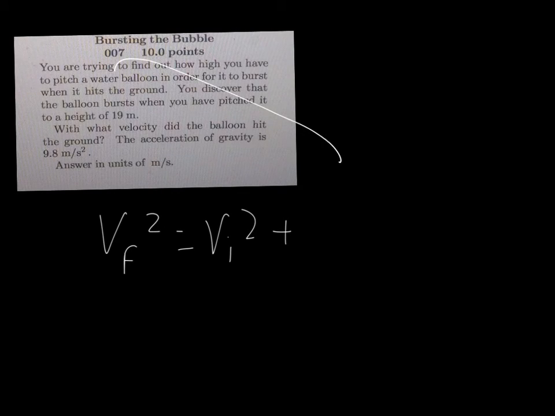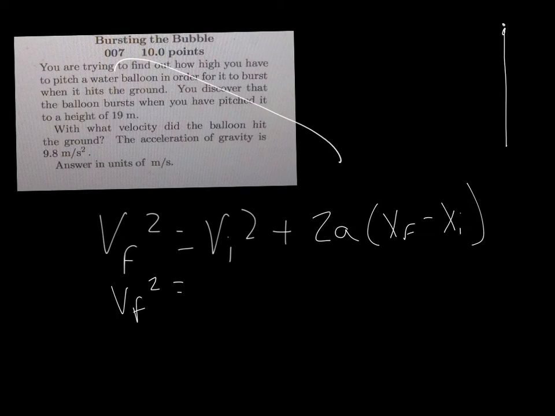Okay, so I'm sorry I had to pause it and read back. I made a little mistake. So we have Vi squared and then 2a times (xf minus xi). All right, so now when we go to look at this, we want to know the final velocity. We know that if we started at the peak height, you threw the balloon up in the air, it stops and comes back down.